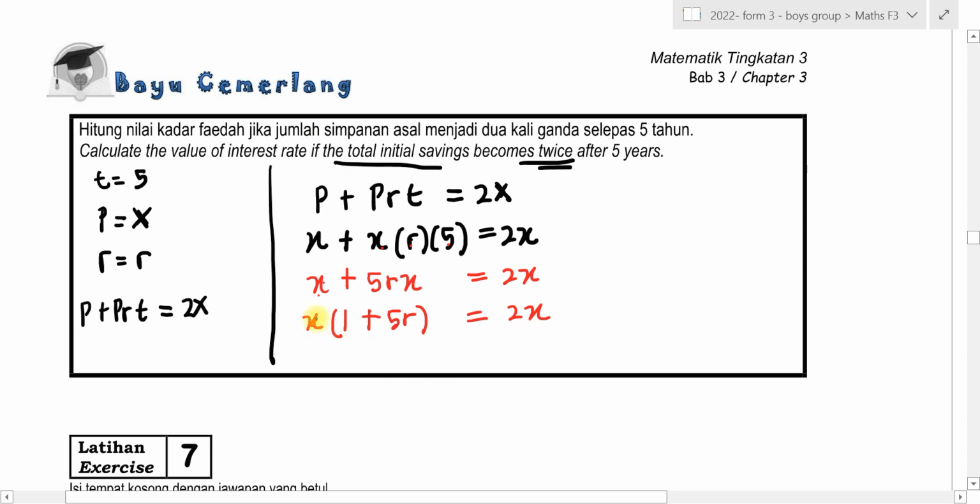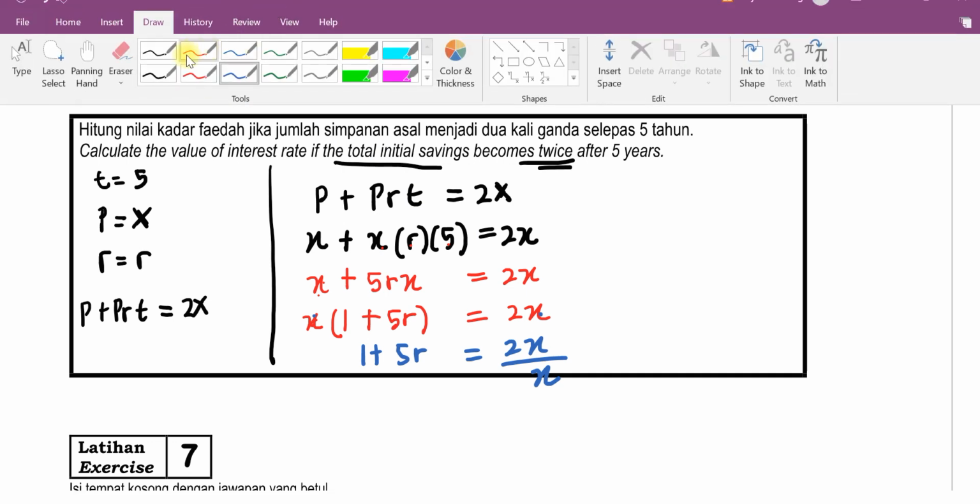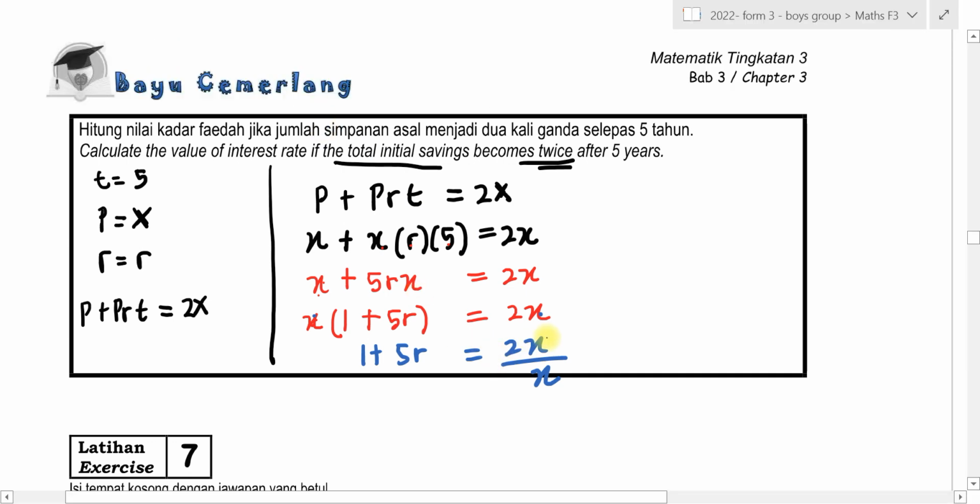So now, this x you bring over here. So tinggal di sini 5r saja. 2x over x. Okay, this one memang kebat question lah. This x and this x you can cut off. Okay, so maksudnya tinggal apa? 1 plus 5r equal to 2.